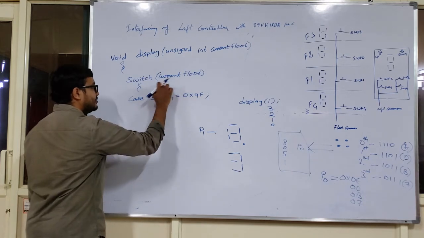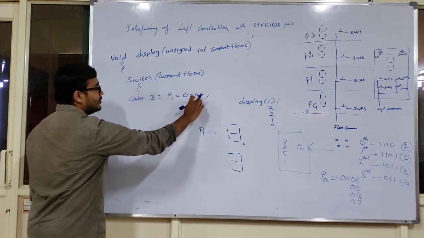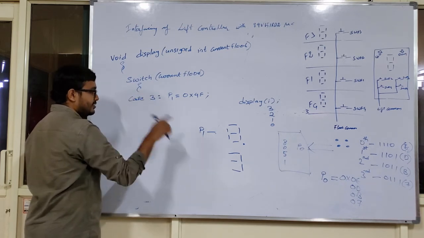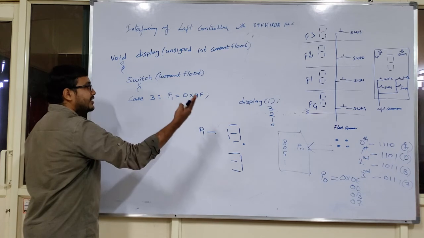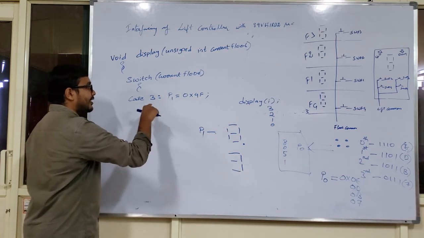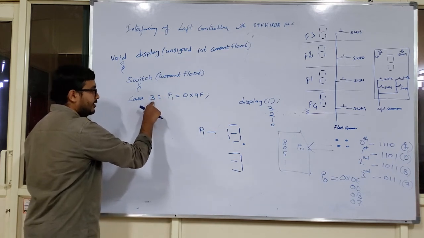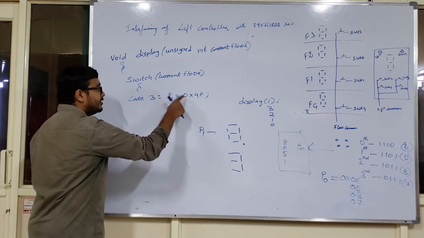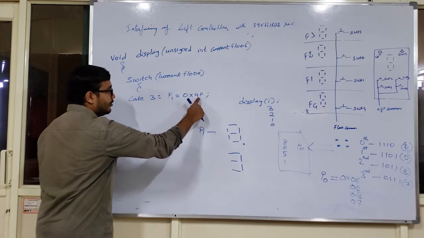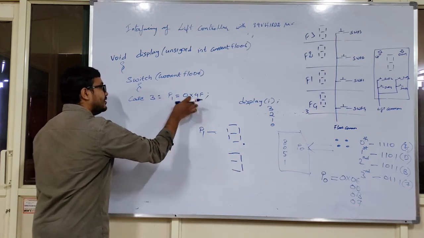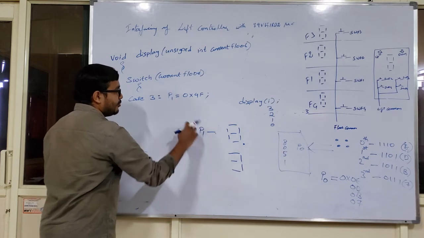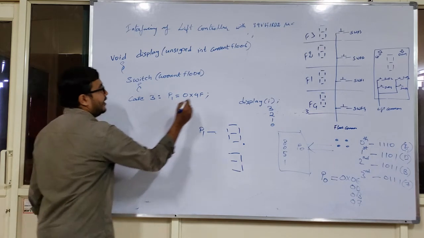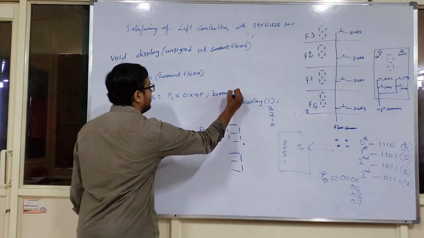Or if push button 3 is pressed and I have reached the target floor 3, that is the third floor, immediately the 7 segment display will be getting updated and P1 equal to 0x4F. This information is passed to the 7 segment display. Correspondingly, 3 will be displayed on the display, and immediately you follow it with break.